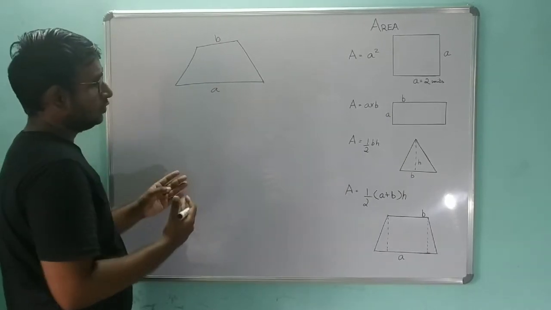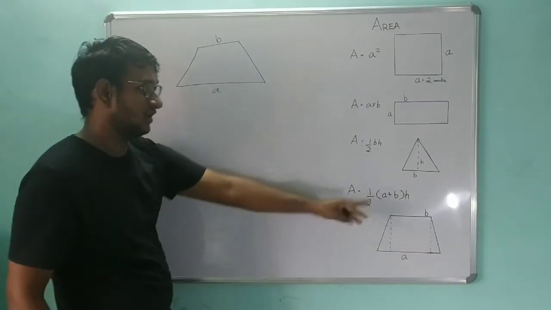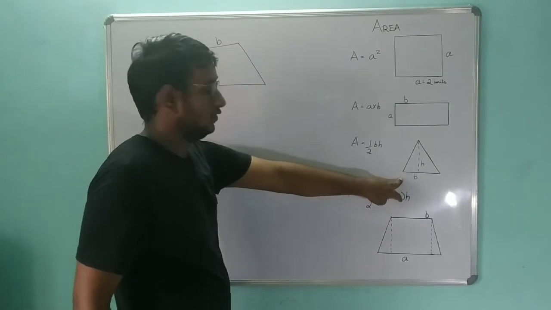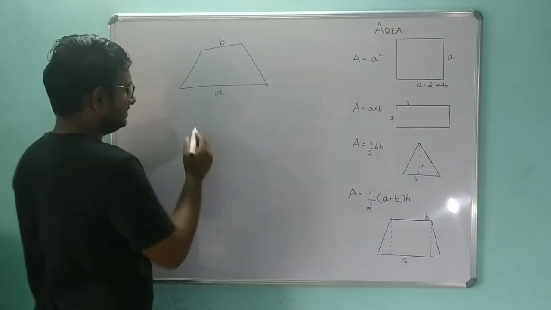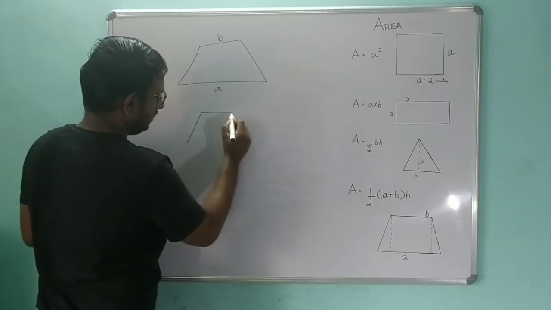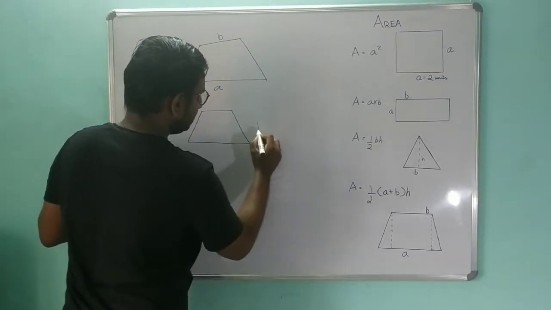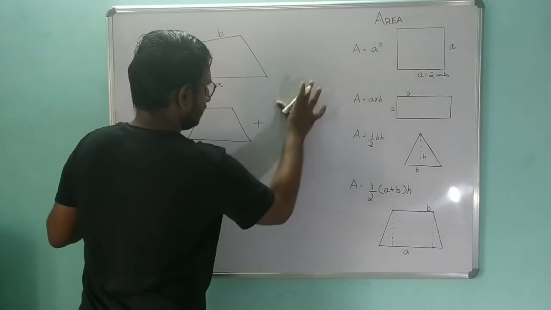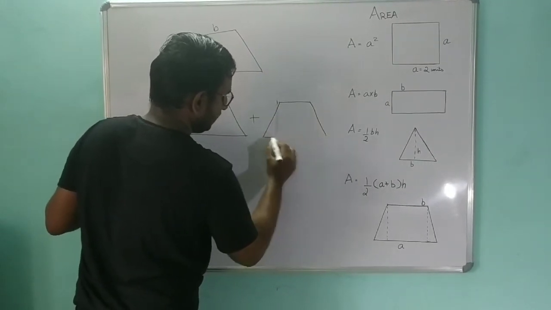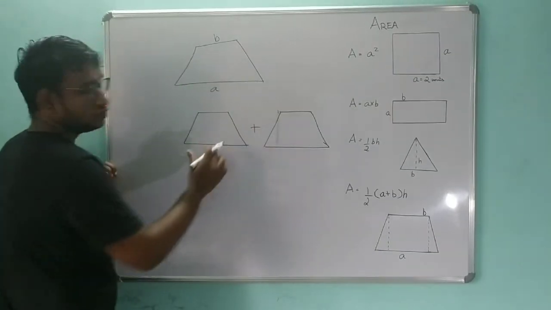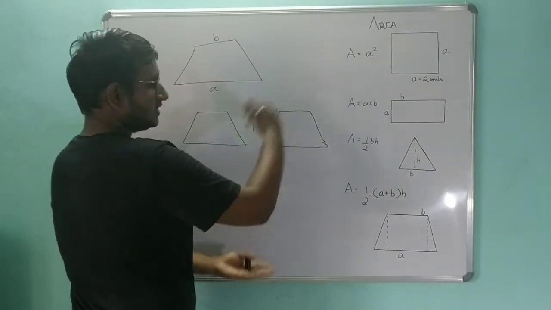Again I am going to apply the same approach as I applied for the area of a triangle. I am going to take two trapeziums like this, and I am going to join these two trapeziums by inverting one trapezium upside down.